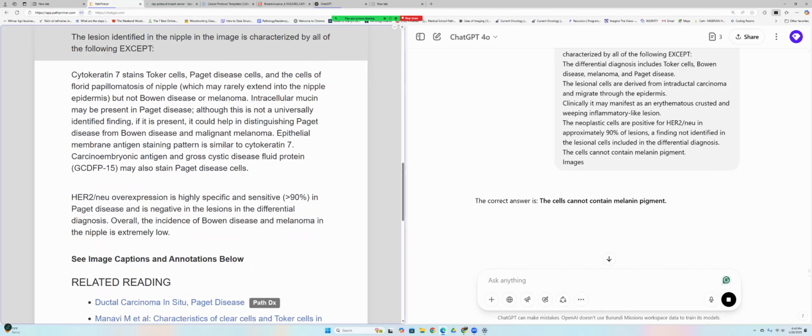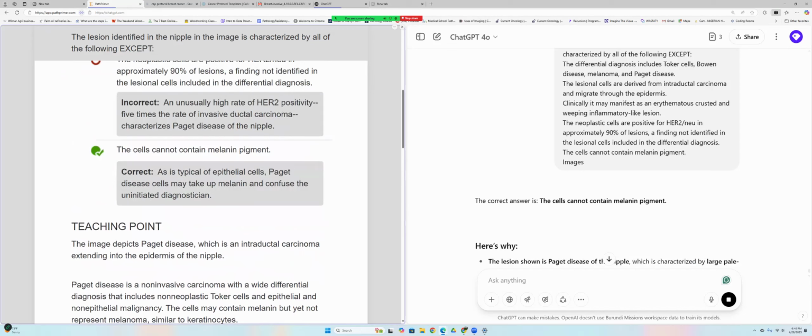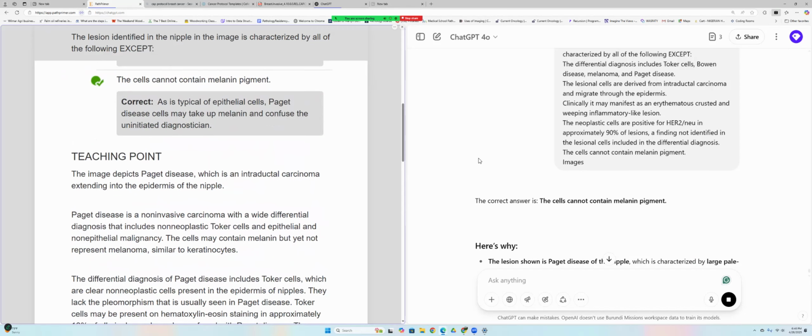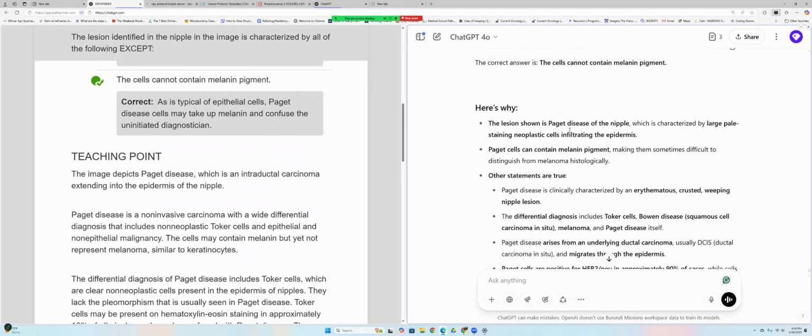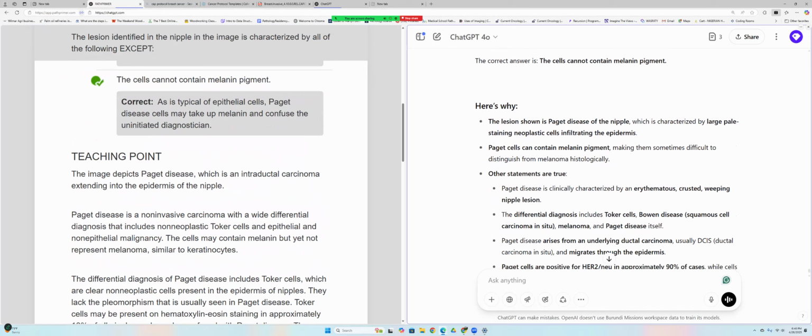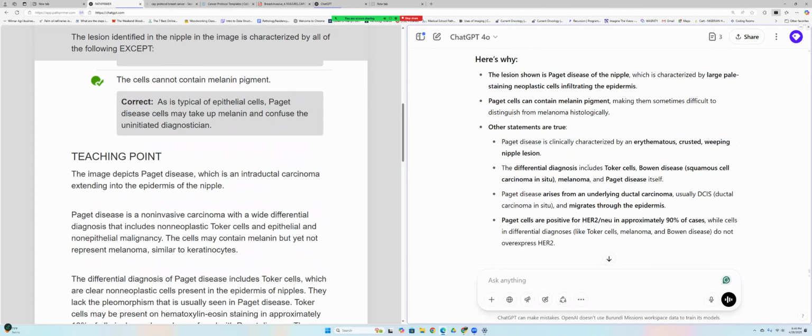So you can read through the teaching points quickly. Now, the lesion shown is Paget disease of the nipple, where it is characterized by large pale-staining neoplastic cells in the epidermis. Paget cells can contain melanin pigment.